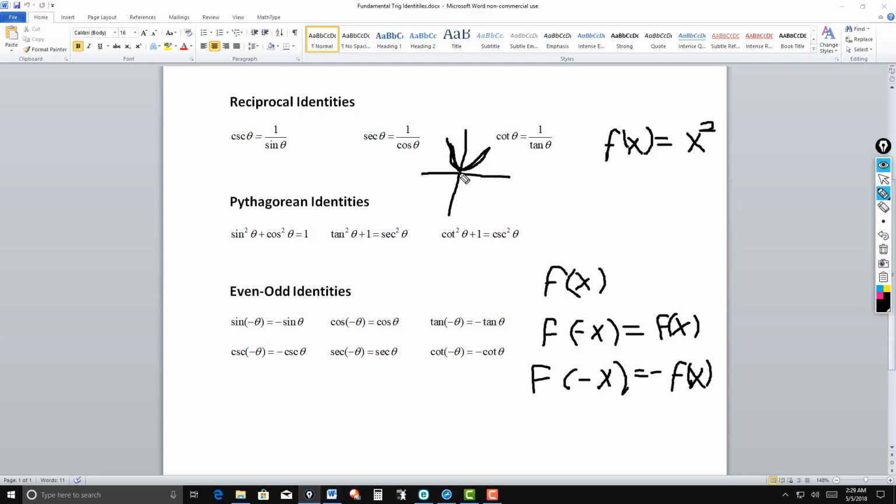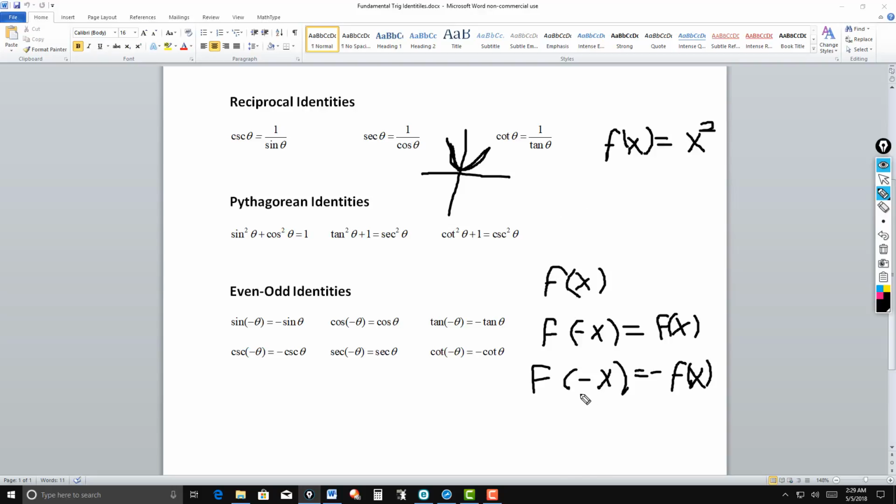U-shaped with the origin being the vertex. This is considered an even function. Now, in terms of the graph, we can say that an even function is symmetric with respect to the y-axis. Notice it's a mirror image here. If I flip it over the y-axis, I get the same thing back.